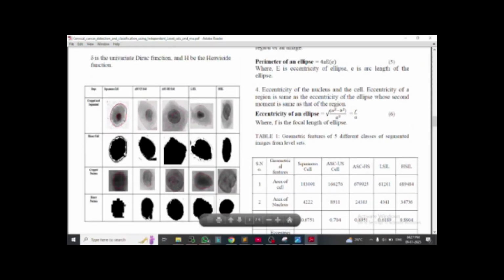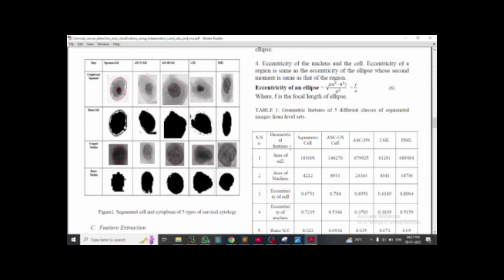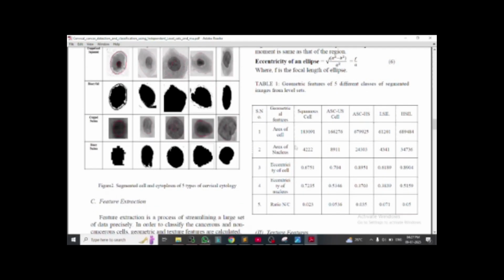See, they have taken this, and geometrical features of five different classes of segmented images from level sets. See, they have given everything. Type of diseases names: ASC-US, ASC-H, LSIL, HSIL, like this.